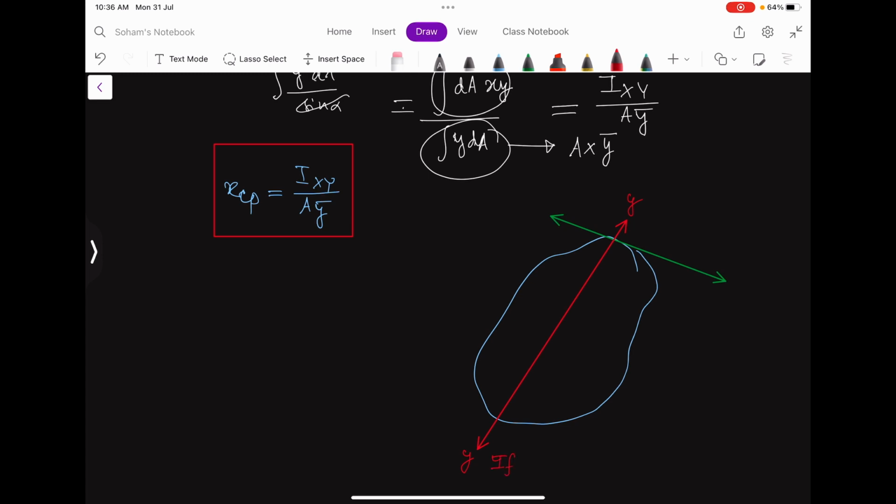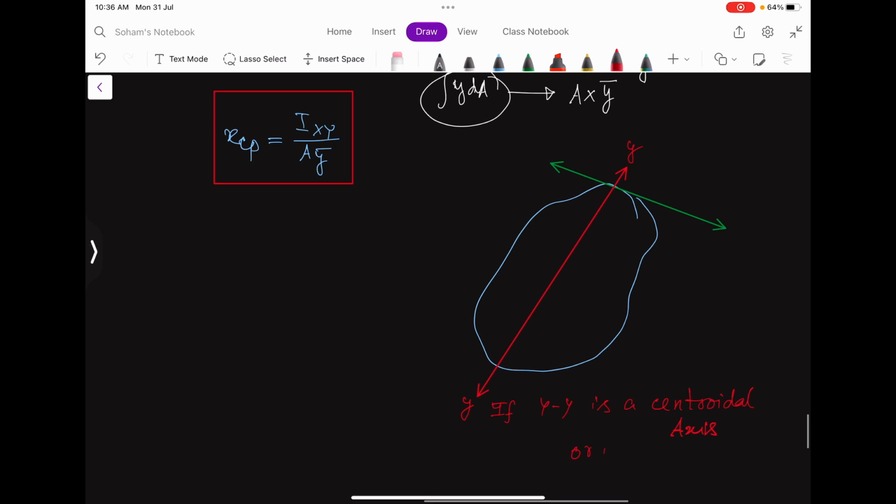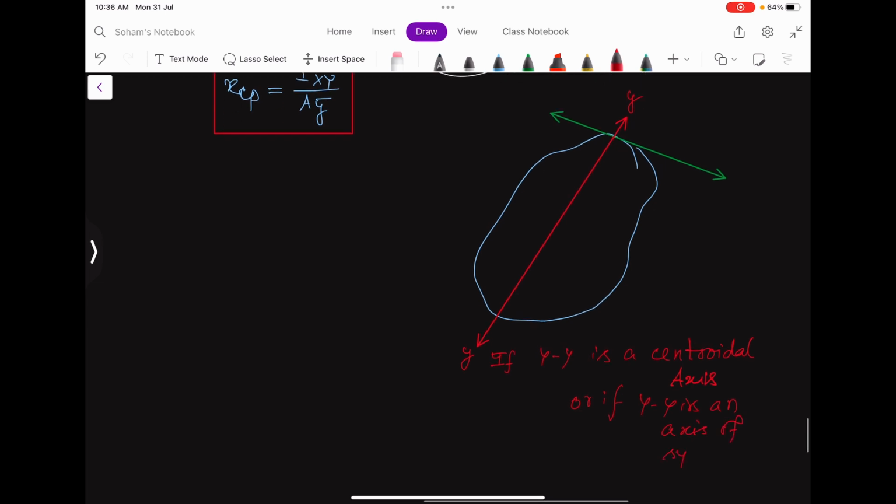If yy is a centroidal axis, or if yy is an axis of symmetry.